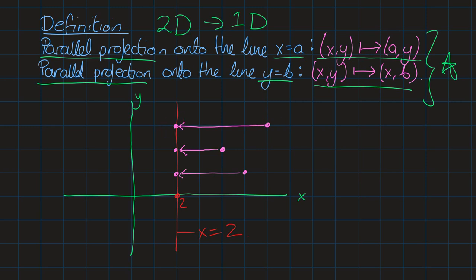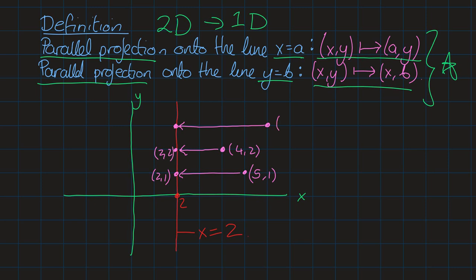Algebraically, what's going on? Maybe this point here is the point (5, 1), and it gets mapped to the point (2, 1). This point here is the point (4, 2), and it gets mapped to the point (2, 2).